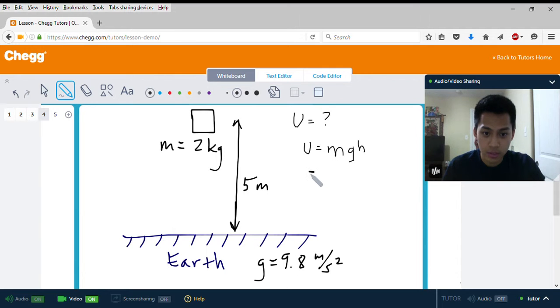So we have U is equal to the mass of 2 kilograms multiplied by the acceleration due to gravity, so 9.8 meters per second squared, multiplied by 5 meters.